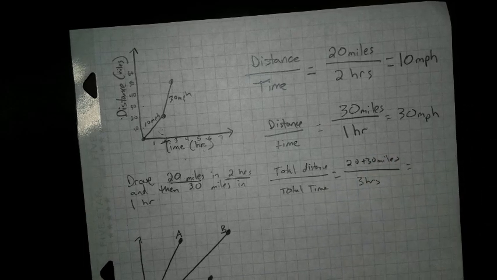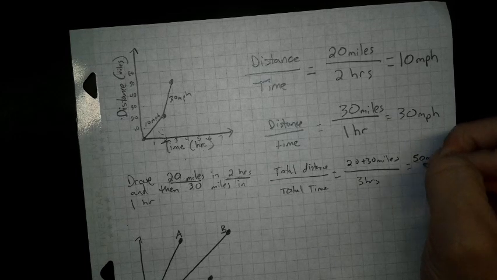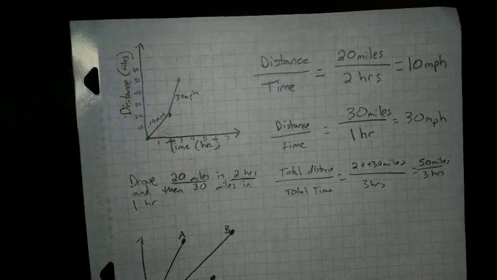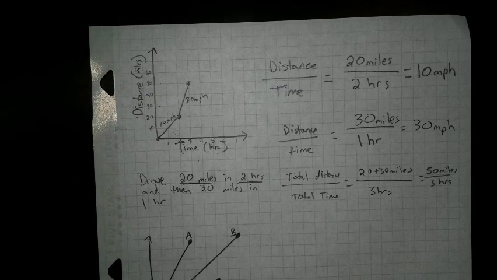That leaves us with 50 miles in 3 hours, which ends up being not an even speed, but you still do 50 divided by 3. You don't swap it around just because the numbers are bigger or smaller. You do what the equation tells you.